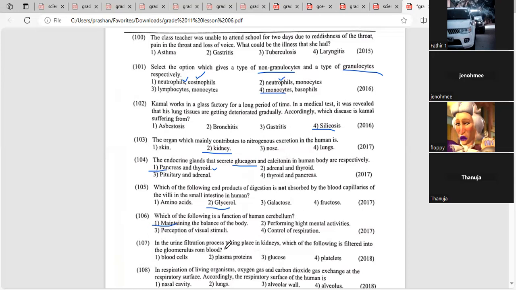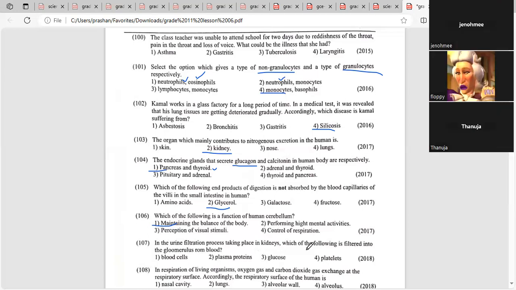In the urine filtration process taking place in kidneys, which of the following is filtered into glomerulus from blood? Blood cells? No. Blood cells are not filtered into glomerular filtrate.